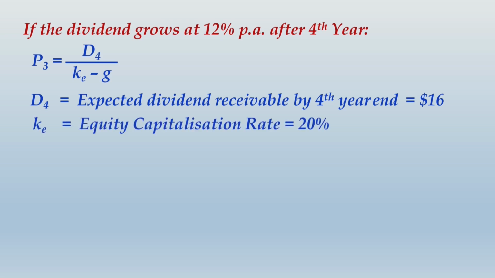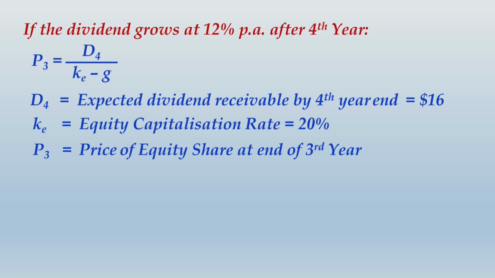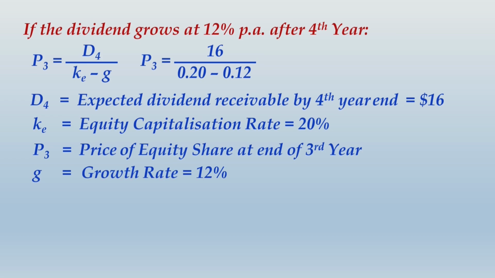K is the equity capitalization rate given to you as 20%. P3 is the price of the equity share at the end of 3rd year, and G is the growth rate, that is 12%. Substitute the values to obtain the value of P3, and the P3 value comes to exactly $200.